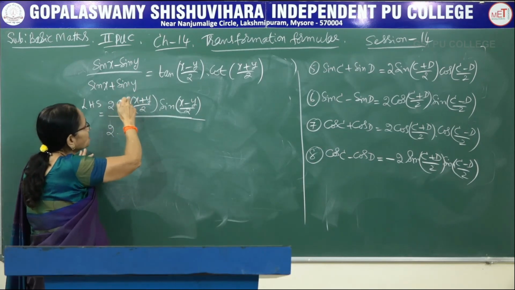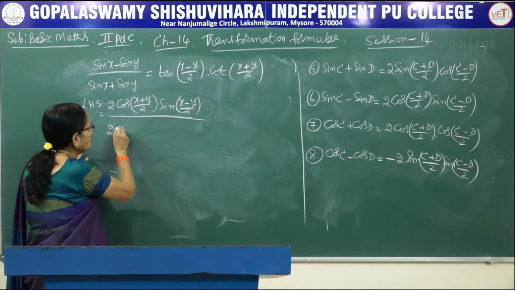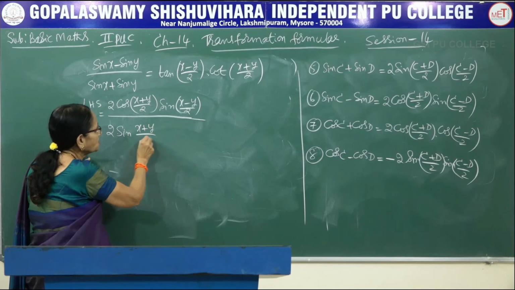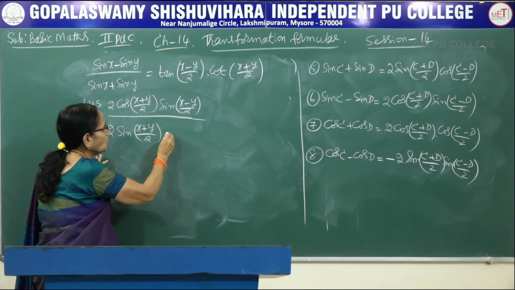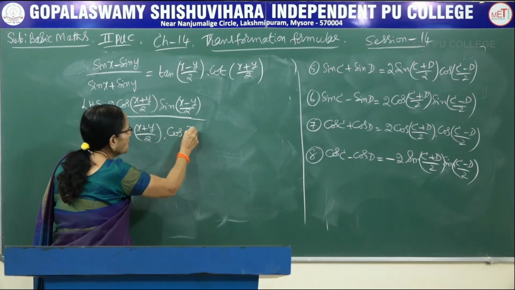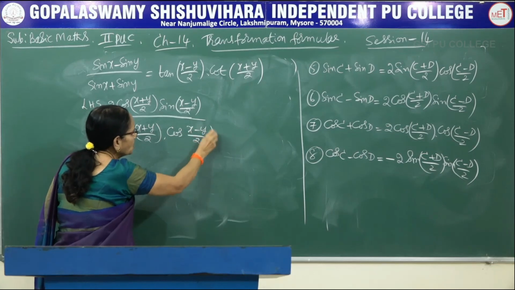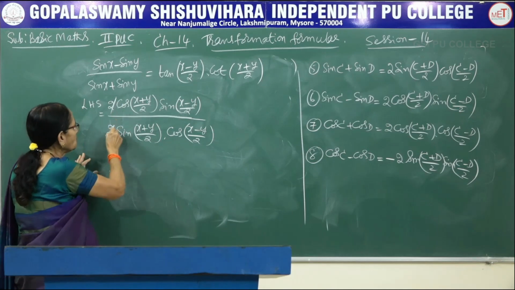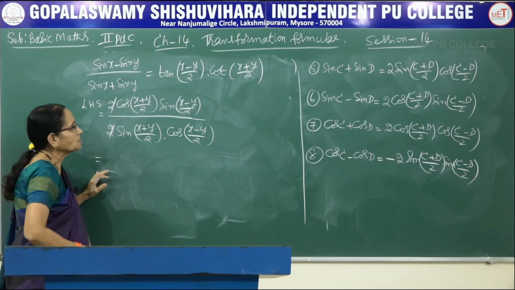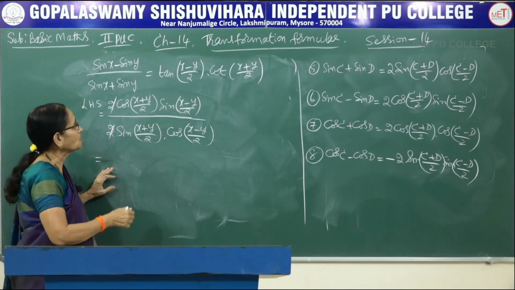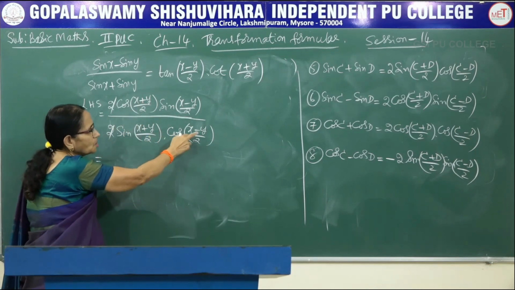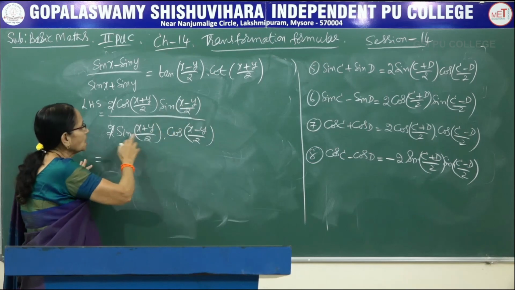Denominator sin c plus sin d, the first formula. It is 2 sin c plus d by 2, that is x plus y by 2, into cos of c minus d by 2, that is x minus y by 2. Now 2 and 2 are cancelled and no other term is getting cancelled because the ratios here, cos is there plus, cos and minus, sin x minus y, sin x plus y.